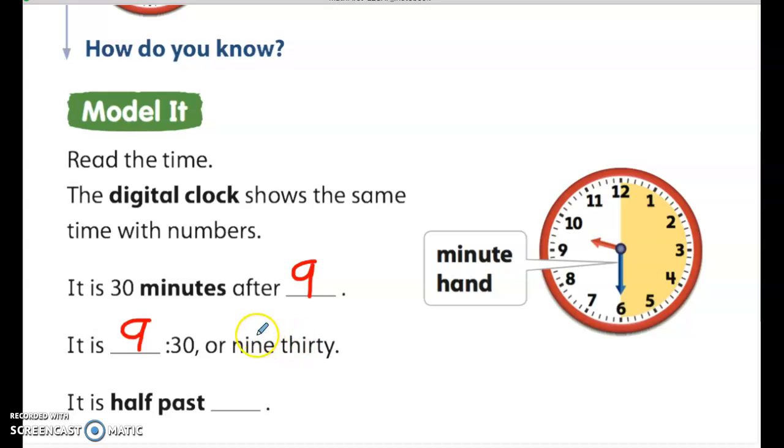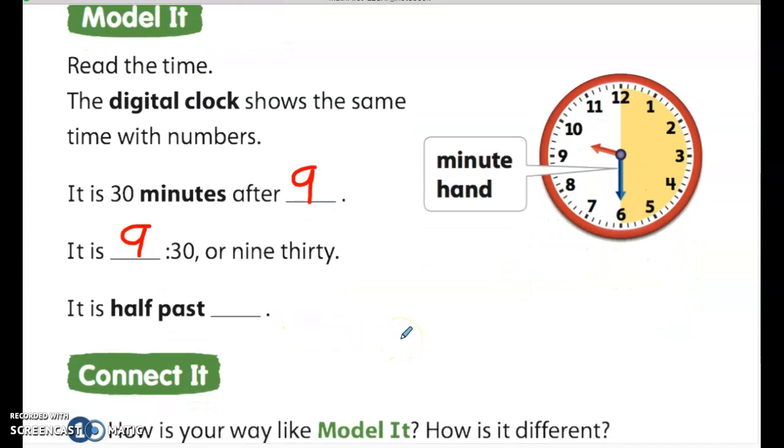You can write that both ways. You can write the number 9 or the word nine, and the number 30 or the word thirty. So write down here, it is 9:30.